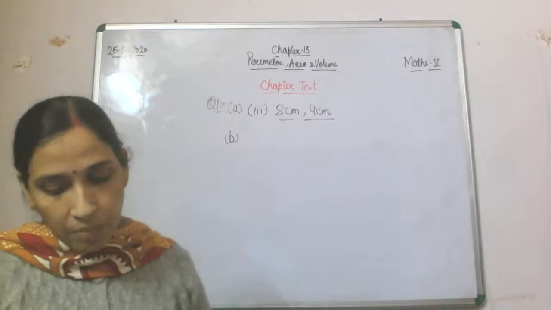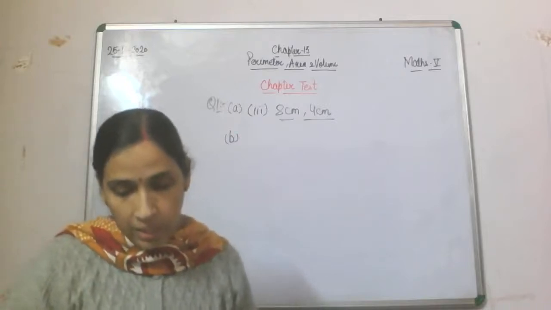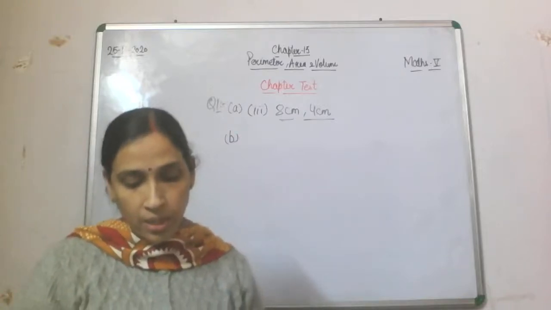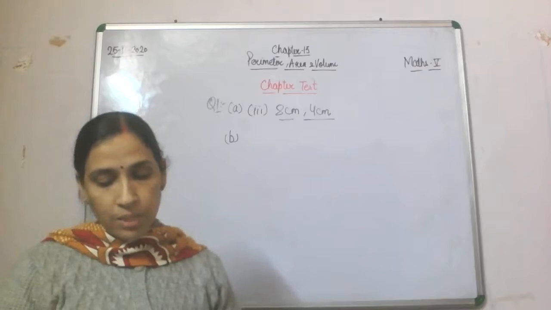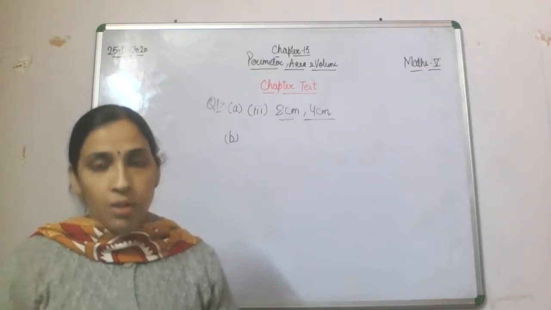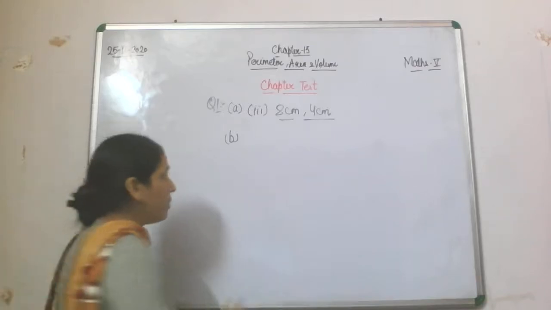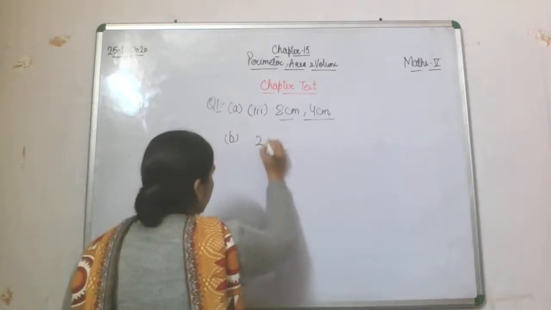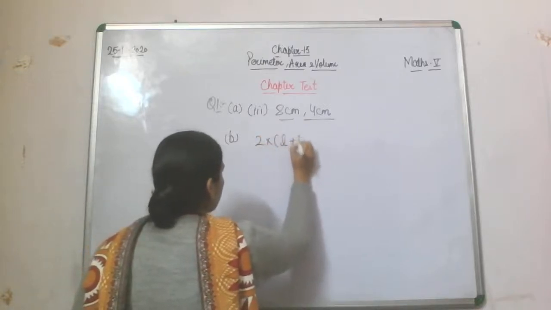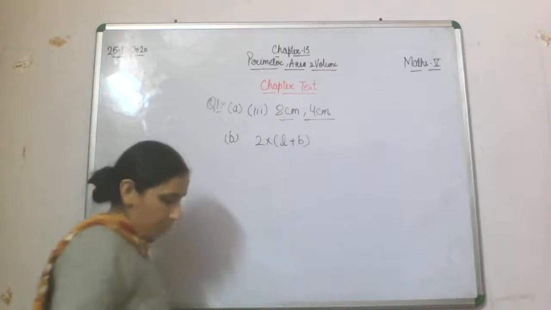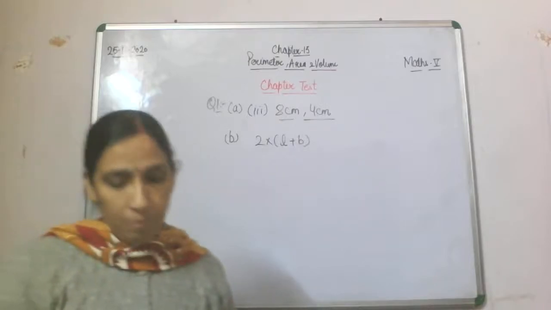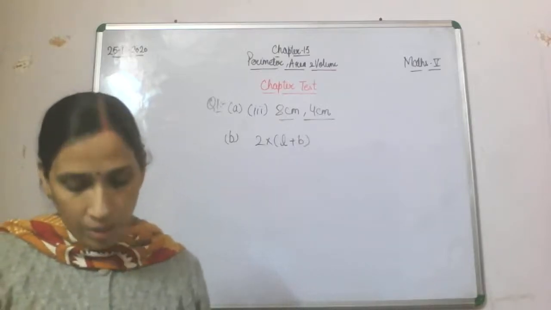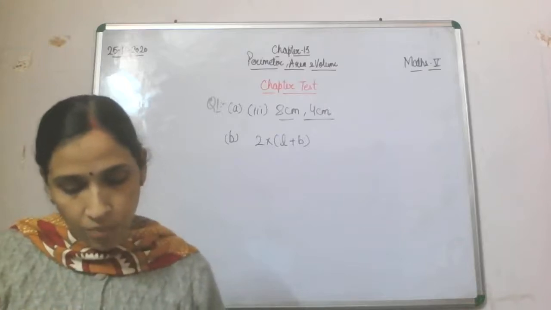B part, the perimeter of a rectangle is 16 centimeter. The possible sides, possible sides means whichever numbers suit this formula, 2 into length plus breadth, that will become the perimeter of a rectangle.